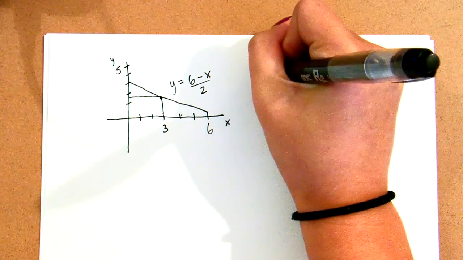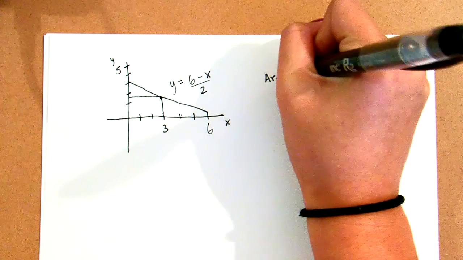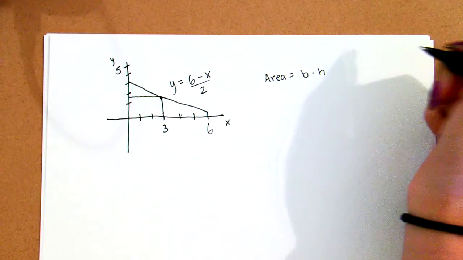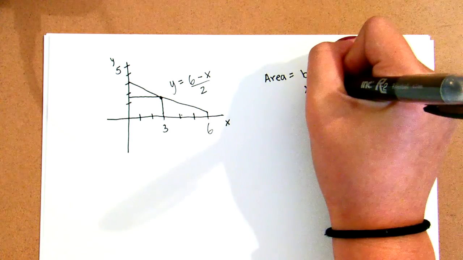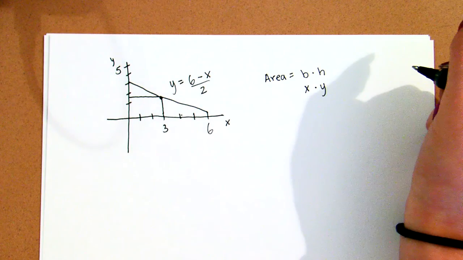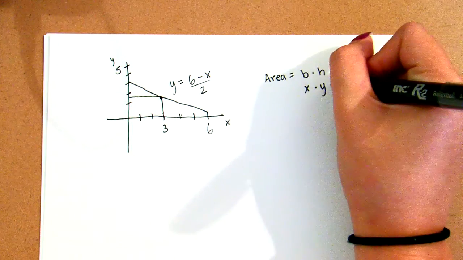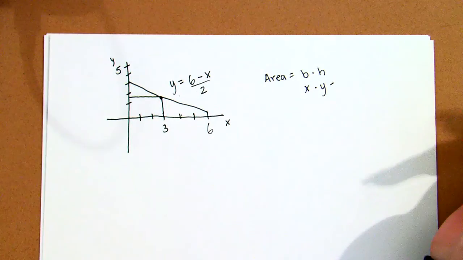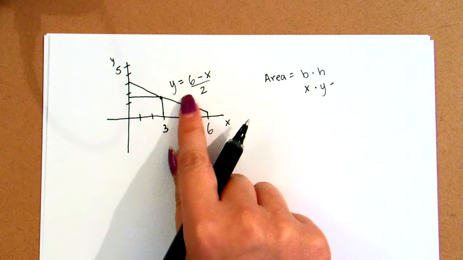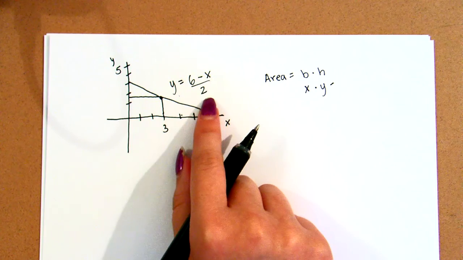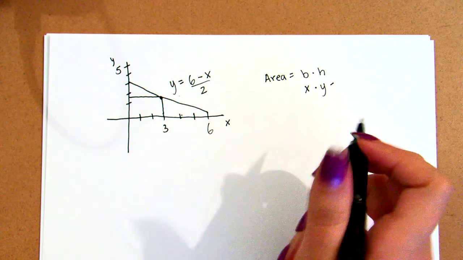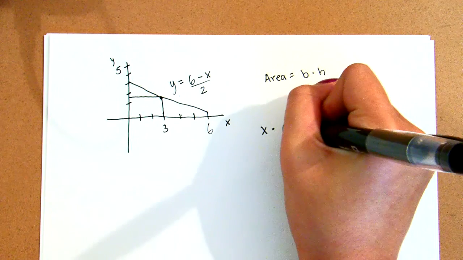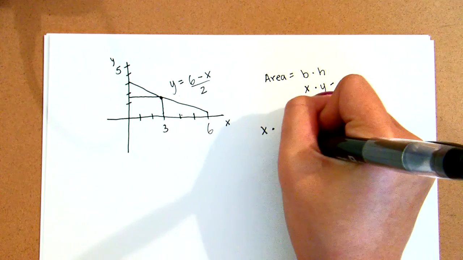So the area of the rectangle is base times height, which would be x times y. Since we already have two equations, this one and y equals 6 minus x over 2, we would just plug in the y, the equation already given for y, so it'd be x times (6 minus x over 2).